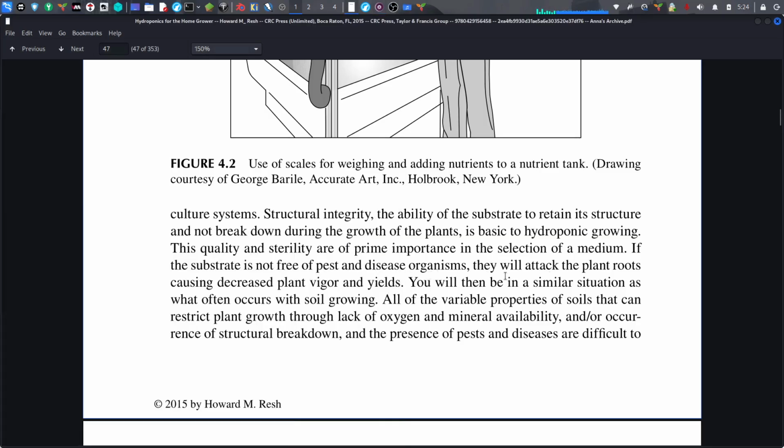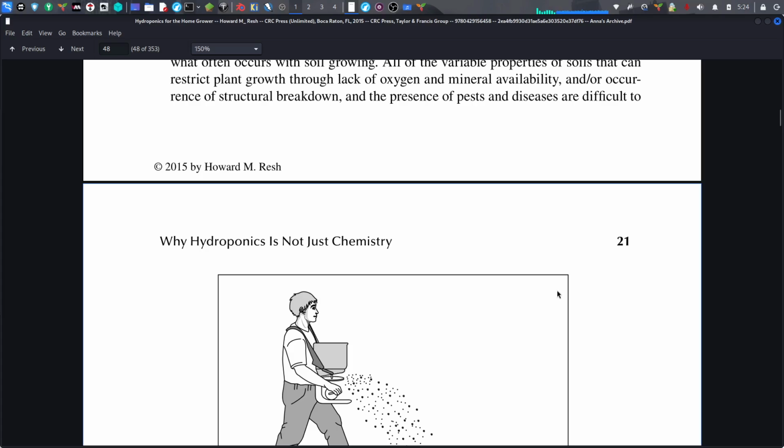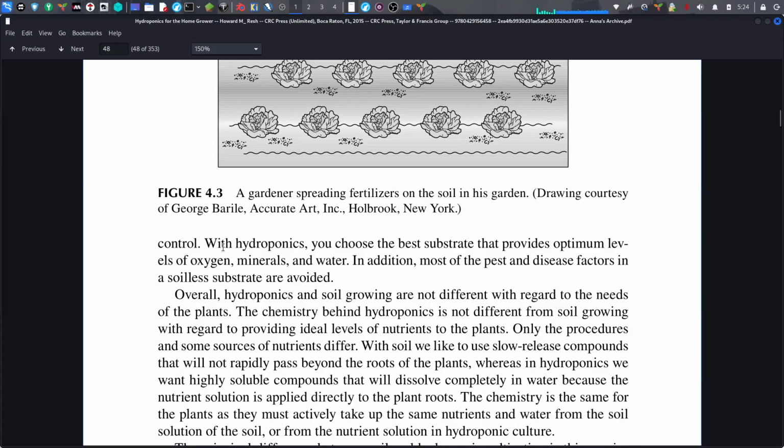Then you will be in a similar situation as what often occurs with soil growing. All of the variable properties of soils that can restrict plant growth, the lack of oxygen and mineral availability, the occurrence of structural breakdown, and the presence of pests and diseases are difficult to control.